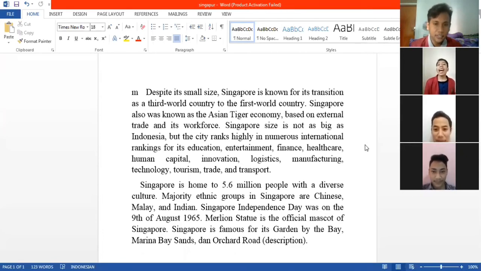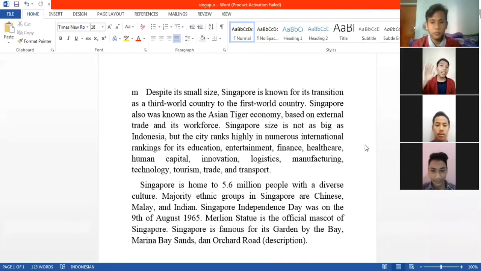Yeah, you're right. Singapore is located between Indonesia and Malaysia. That's very correct. Now the last question is, what is the generic structure of the descriptive text, and which one do you think is the identification?